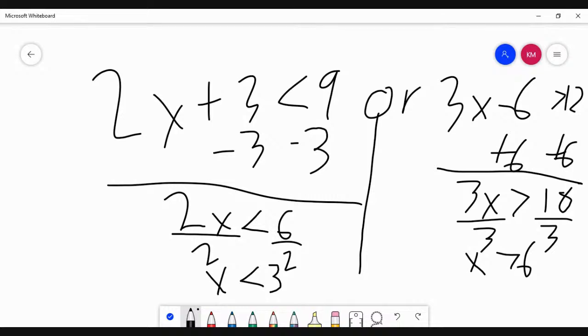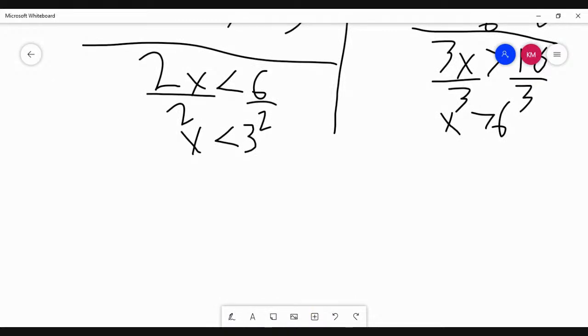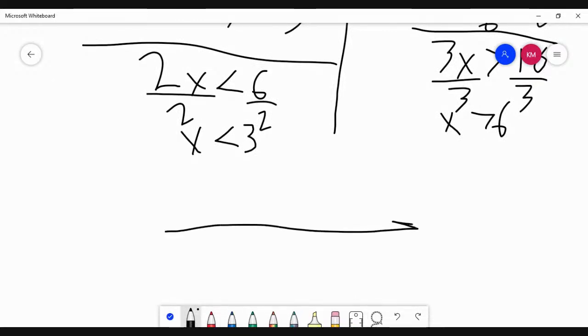So now, how do I graph this on a number line? With an or statement, they are not connected. They will not touch each other. They will not graph going in the same direction. So I have 3 and I have 6.